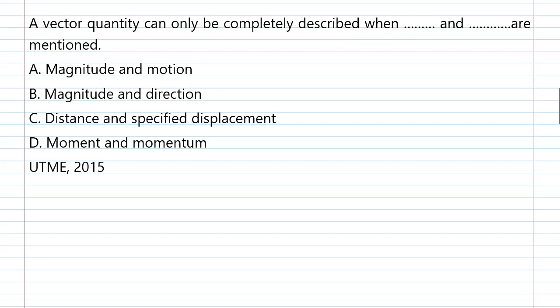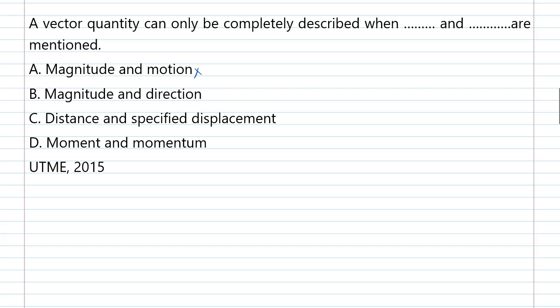A vector quantity can only be completely described when dash and dash are mentioned. So this question wants you to fill in the two blank spaces. A vector quantity, as you may recall, is a quantity that is given both its magnitude and direction. Let's look at the options. The first option says magnitude and motion.